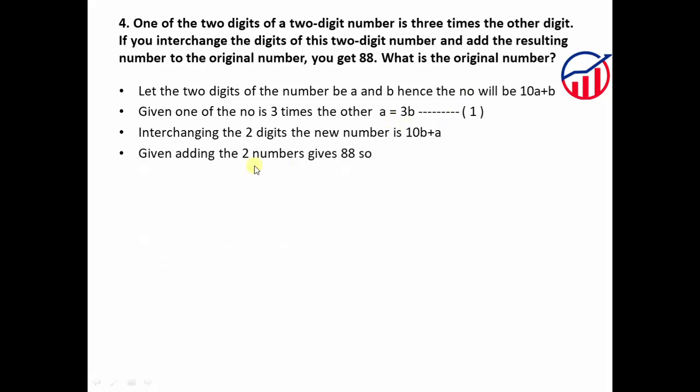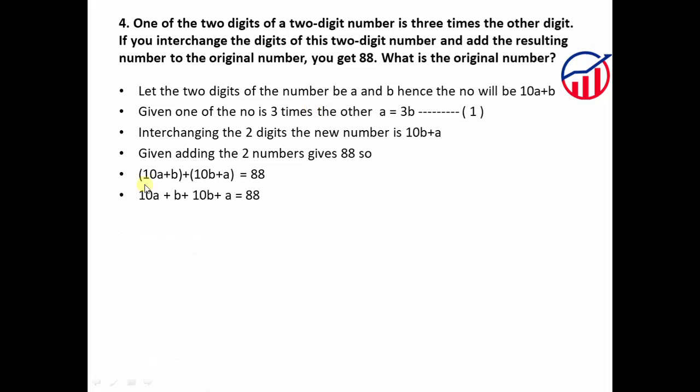And what is the further information? Given adding the two numbers gives 88. So if you interchange the two digits of this two-digit number and add the resulting number to the original number, you will get 88.